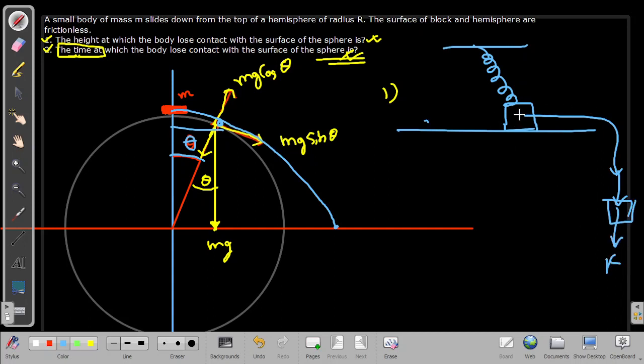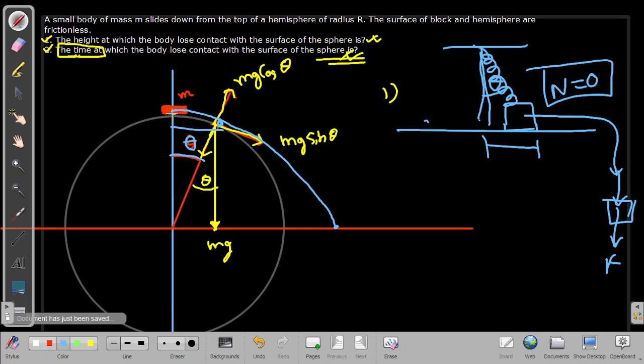It will break off the plane only and only when its normal force is equal to 0. That is the moment it will break off the plane. We have already discussed this in my videos, so you can definitely check it out. I will give a link in the comment section. When the normal force is 0, we can calculate theta, and we can also calculate the distance it has to travel before it breaks off.